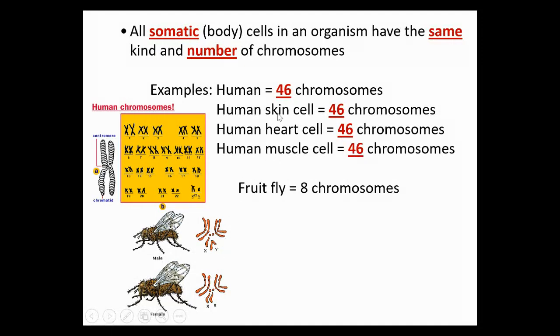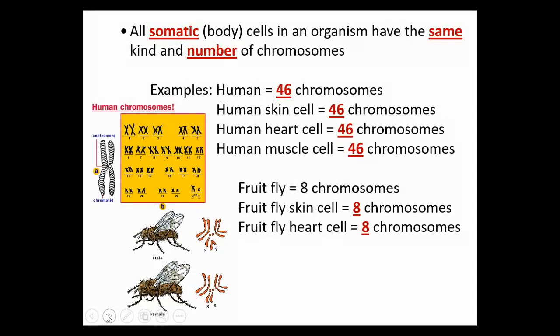Again, you can see that we have skin, heart, muscle, all have 46 chromosomes. Fruit fly skin cells have 8. Fruit fly hearts have 8. Fruit fly muscle has 8. So all of the somatic cells have the exact same number of chromosomes.